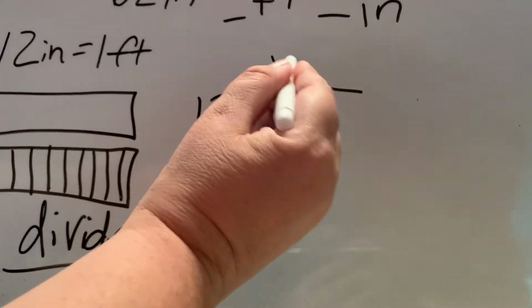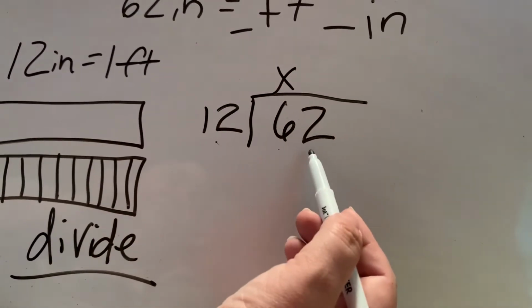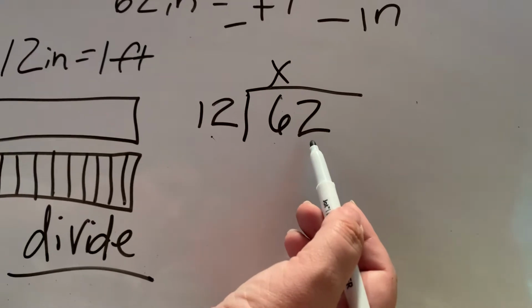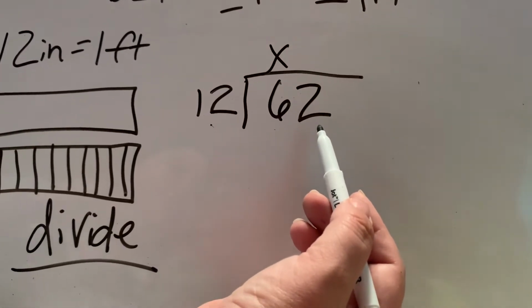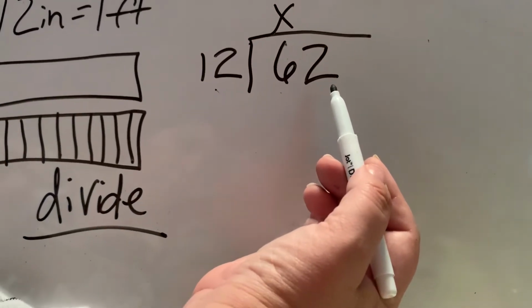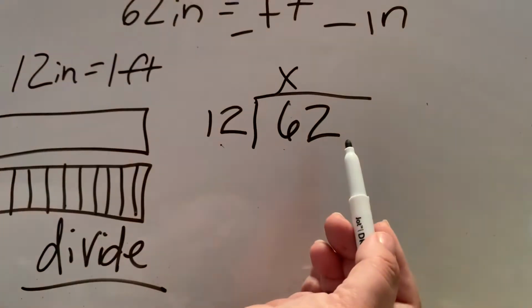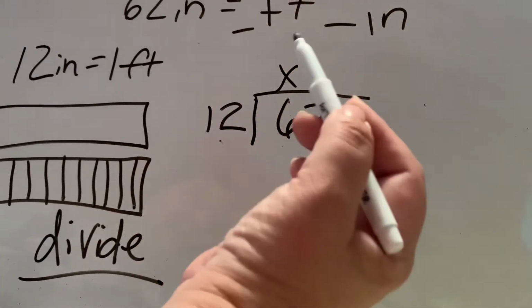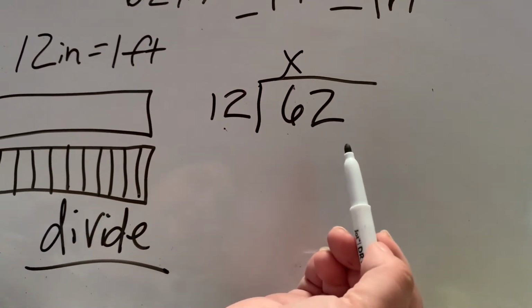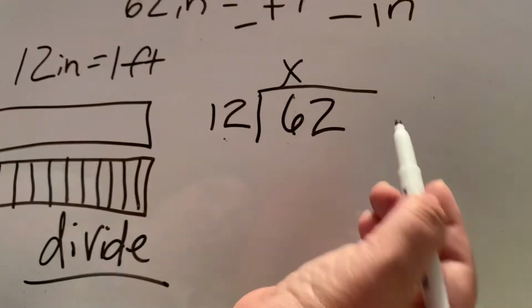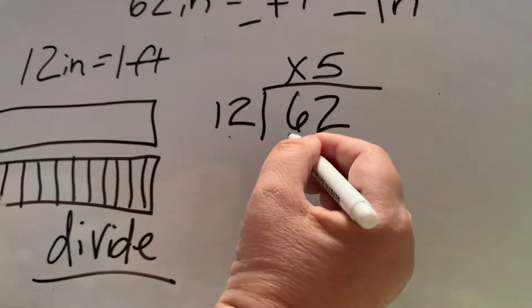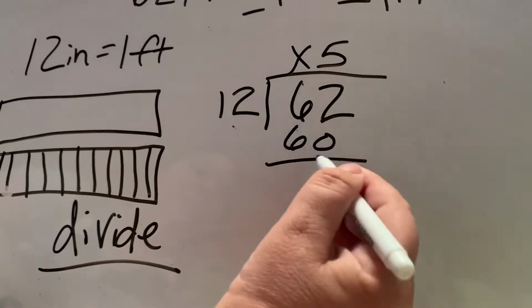It won't. How many times will 12 go into 62? Do your multiples of 12: 12, 24, 36, 48, and then 60. That was 5 times, so 5 times 12 is 60. So you have 2 left over.